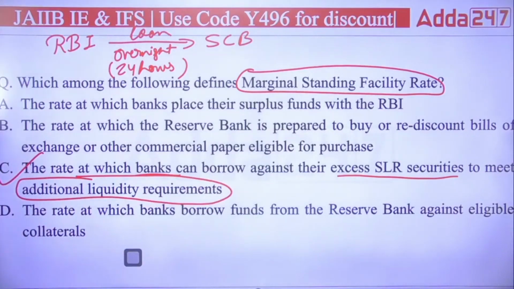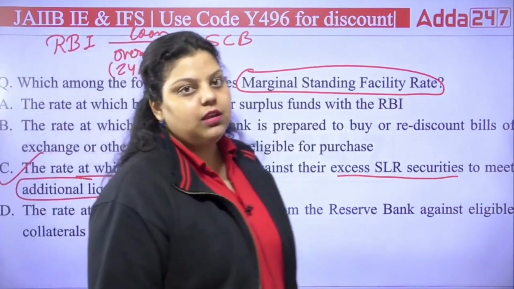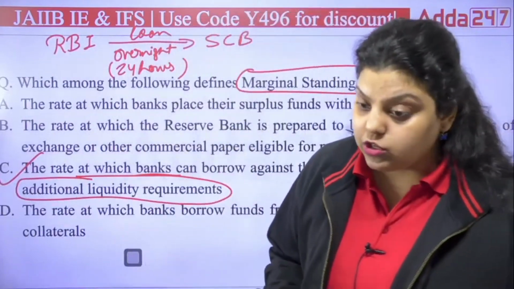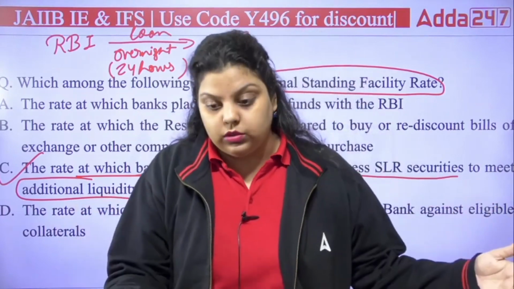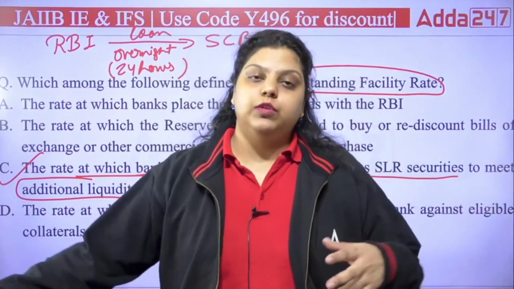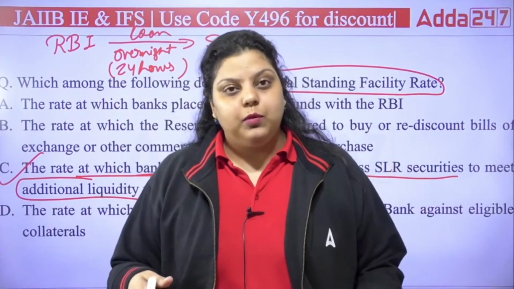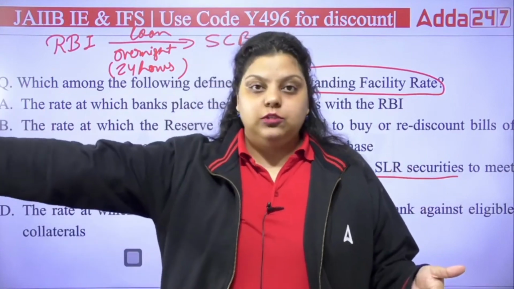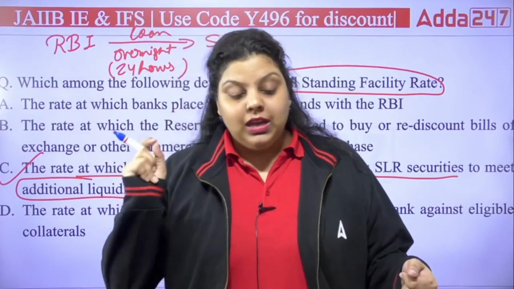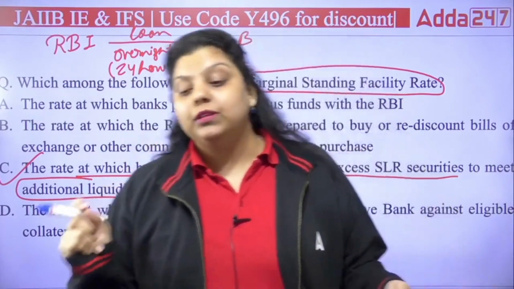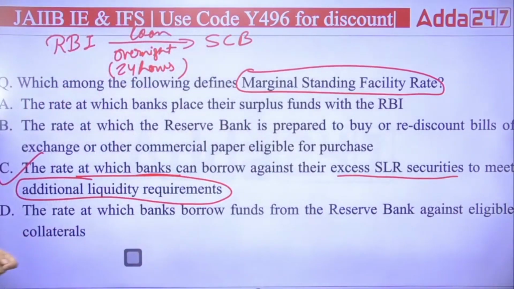Okay, so whenever a customer comes to the bank asking for a withdrawal and the bank does not have cash available, at that time the bank needs immediate support, and RBI allows the bank to withdraw money from the SLR portfolio and provide that money to the customer, and within 24 hours you have to return that money to the SLR, and the limit is 2% of NDTL, not more than that. And what is NDTL? Net demand and time liability.